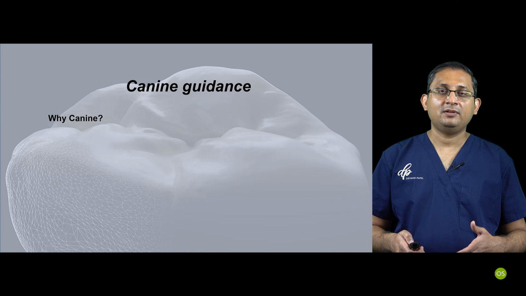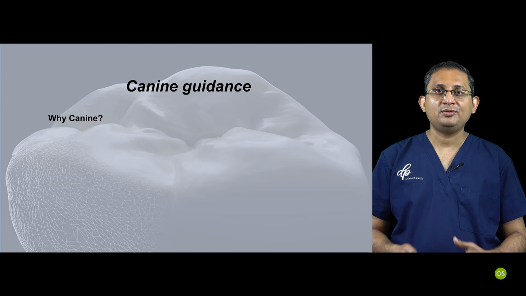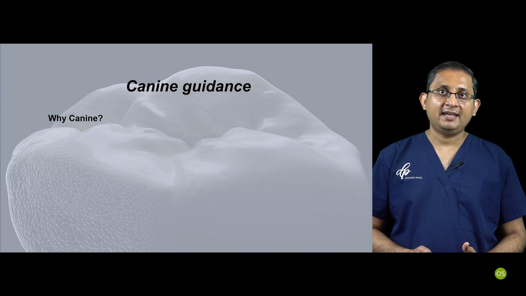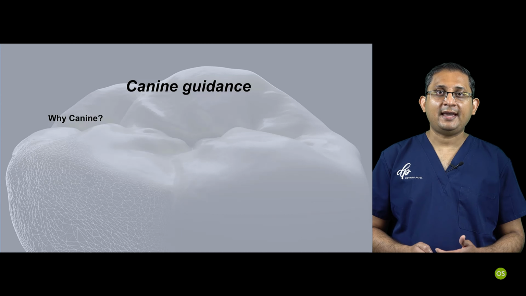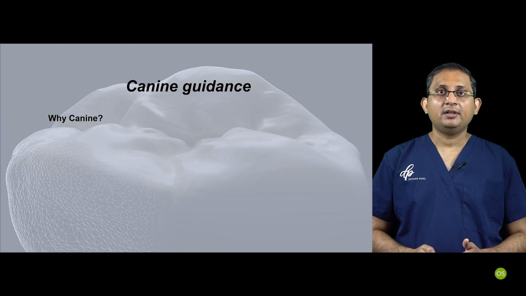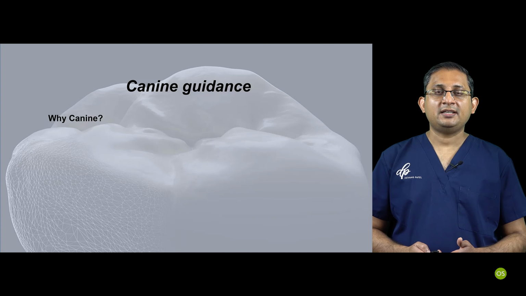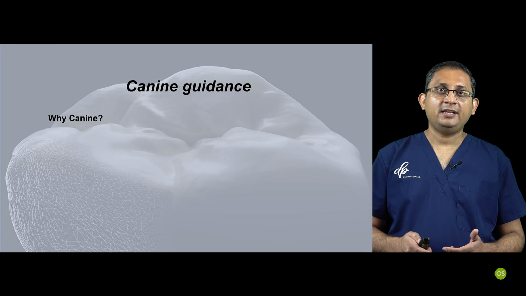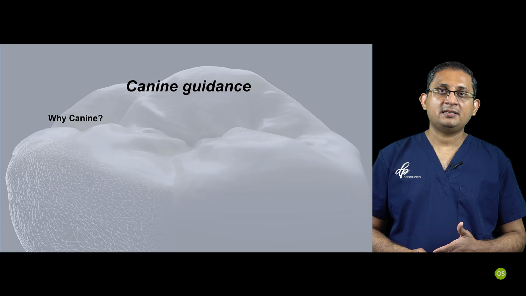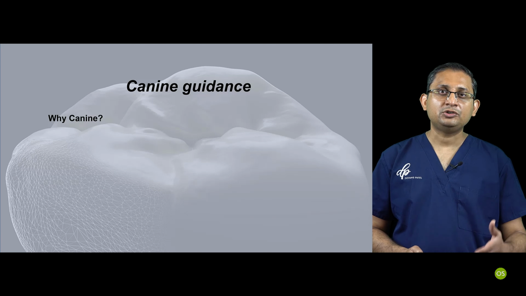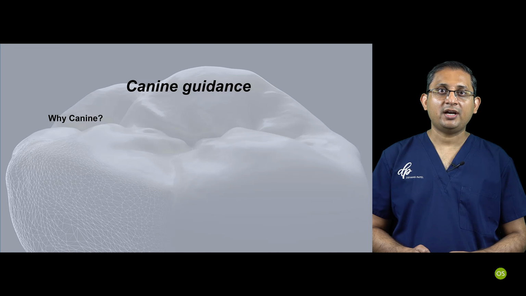Many times people keep saying canine guidance is important, do canine guidance, and although I don't believe in just having canine guidance, I think group function is as good as canine guidance, and some studies actually show that it's better. However, it's more difficult to achieve and it's tricky to replicate. So that's why I prefer canine guidance for simplicity.